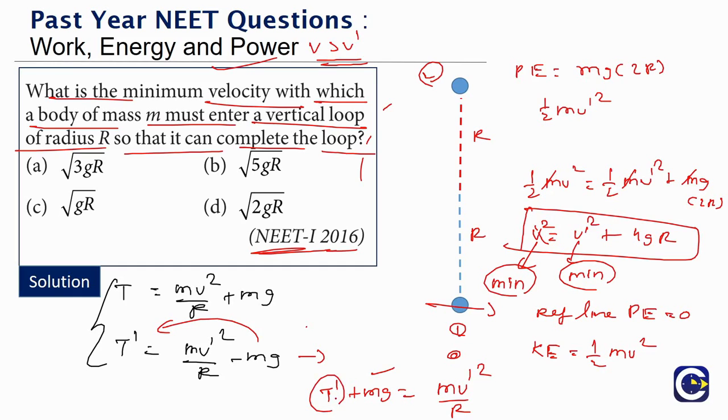At the highest point, because everywhere else tension will be more than tension at the highest point. At the highest point, if we equate the tension to 0, then we will get this limiting V dash. So what is it? V dash square will be equal to gr, which means the corresponding V dash will be equal to root gr.